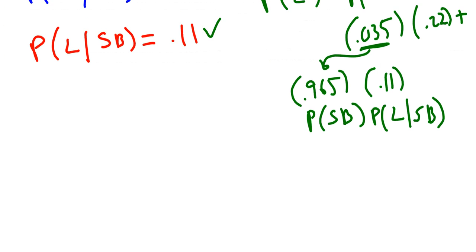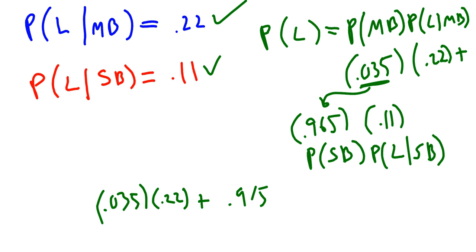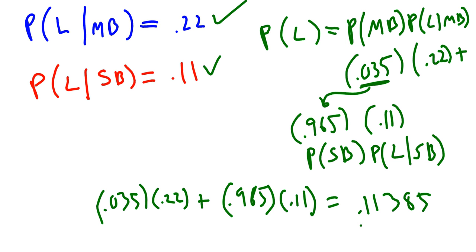So if we do that, we end up with 0.035 times 0.22 plus 0.965 times 0.11. So we'll say we type that into our TI-84, and we would get 0.11385. Okay, so that's that.